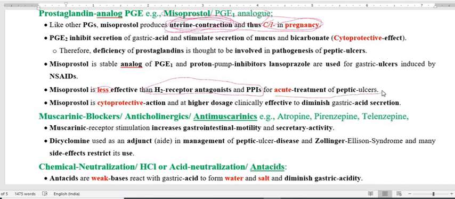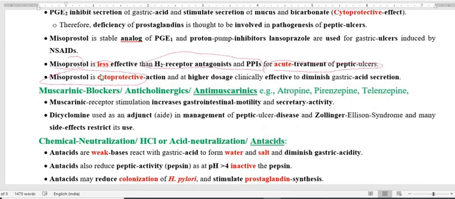For acute peptic ulcer treatment we are not going to preferably use misoprostol. Drugs like misoprostol are cytoprotectants, so we use them as cytoprotectants. At higher doses misoprostol has cytoprotective action, and also diminishes gastric acid secretion, which we already discussed.